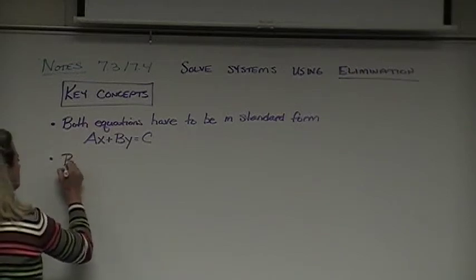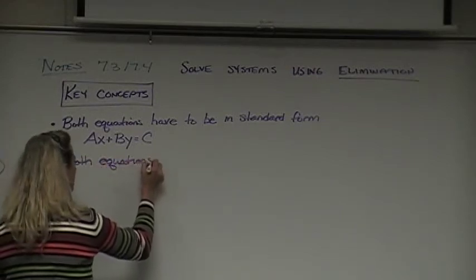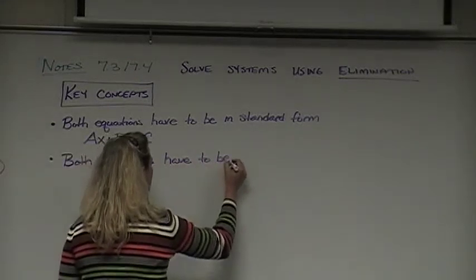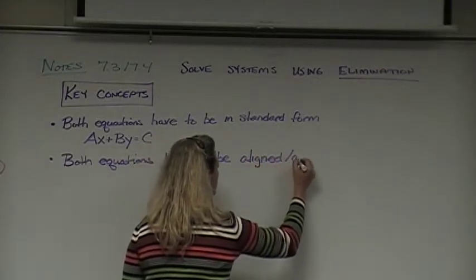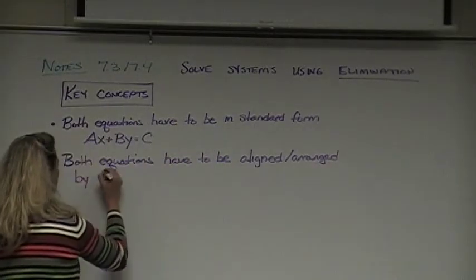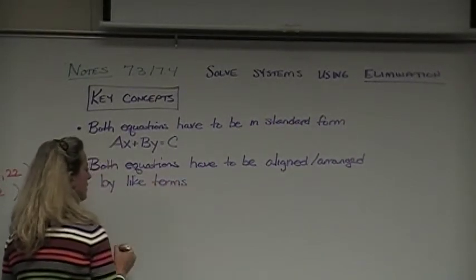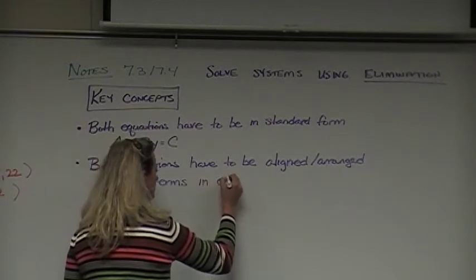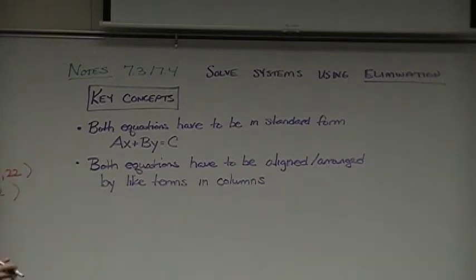So both equations have to be aligned, or arranged, let's use the word arranged if you want to, by like terms in columns. Hopefully that makes sense. So I'm going to give you an example of what that looks like, okay?